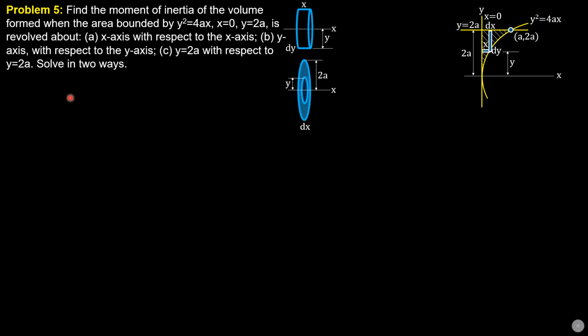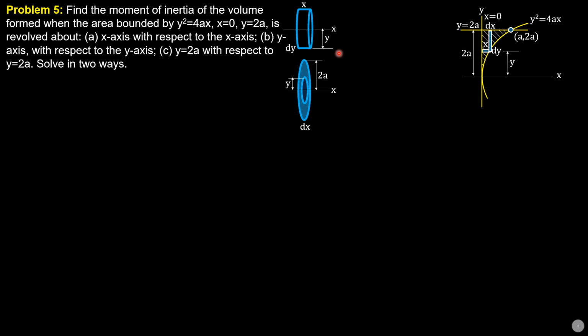So these are the figures as our guide. For I with respect to the x-axis, this is the horizontal strip revolved about the x-axis. This is the differential element generated, thickness dy. The radius is y, which is this.